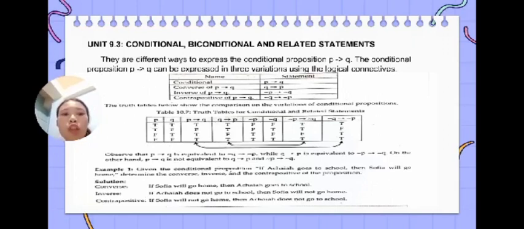The conditional statement is P then Q, while the converse of P then Q is Q then P. The inverse of P then Q is not P then not Q. Lastly, the contrapositive of P then Q is not Q then not P. The truth table below shows the comparison of the variations of the conditional proposition.